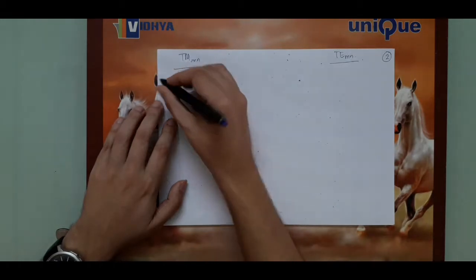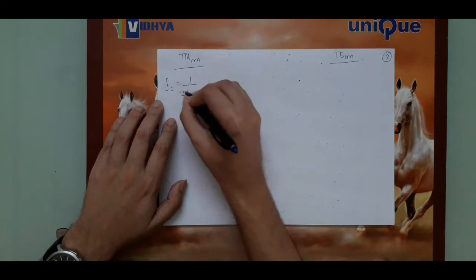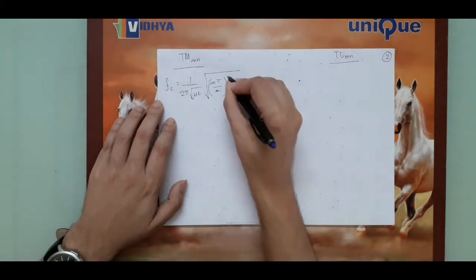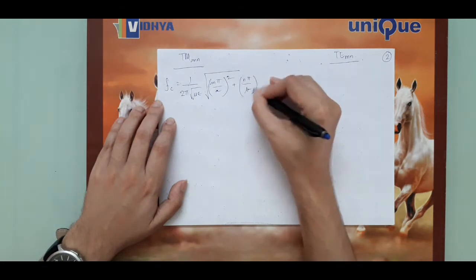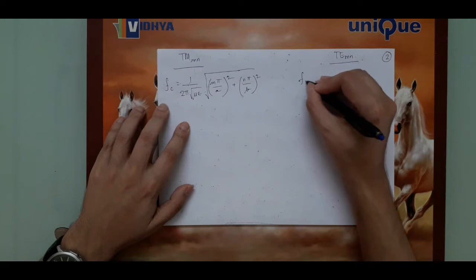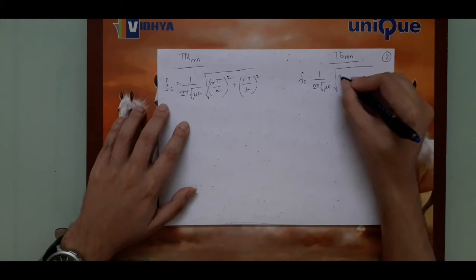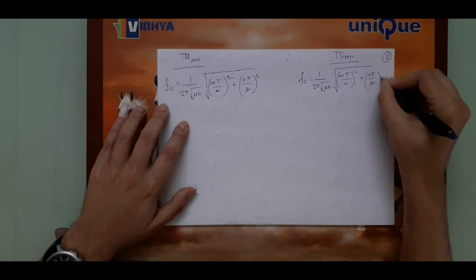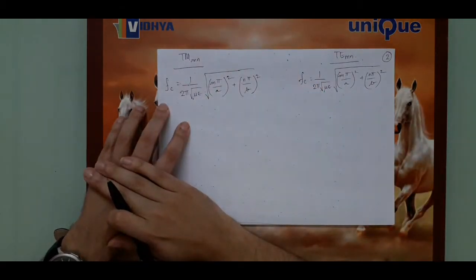So the cutoff frequency in case of either would look like this. This is nothing but H. So even here it will be something like this. So this is what the cutoff frequency is.